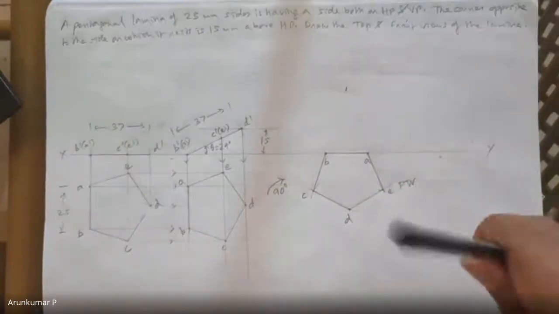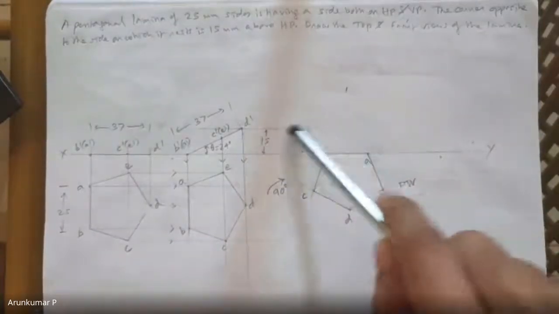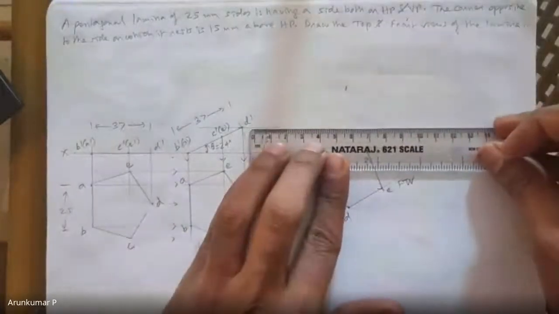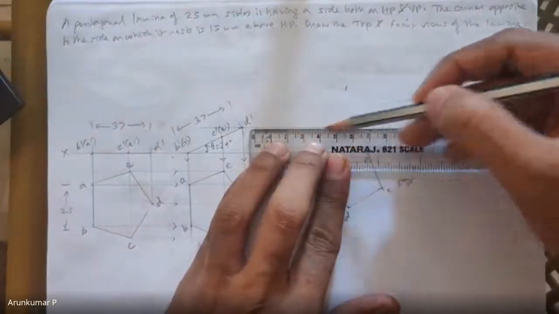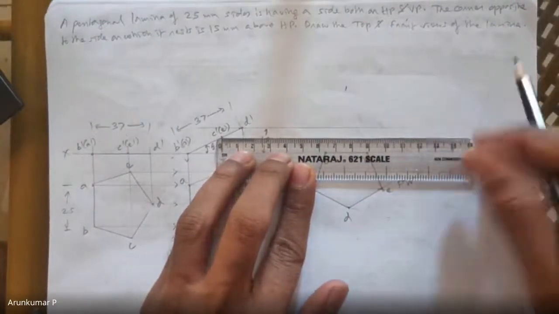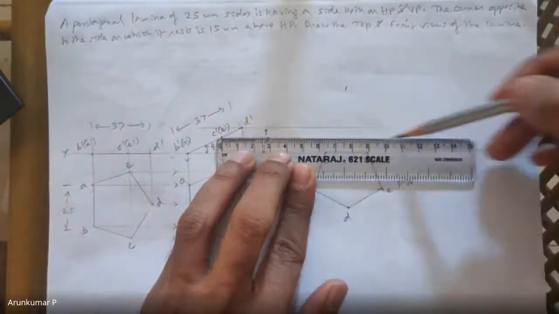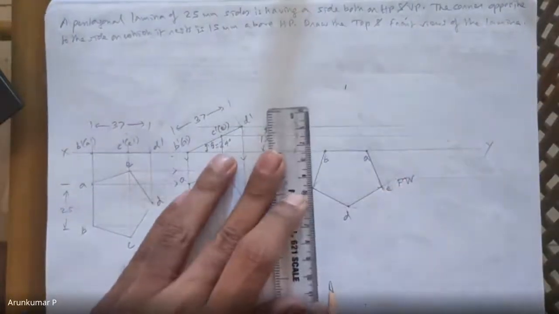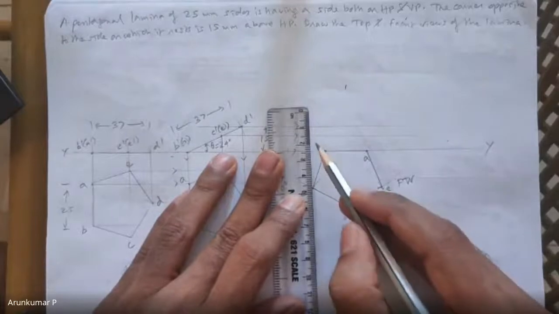Now you project. So three horizontal projectors, five vertical projectors. They will intersect and give you the final front view. This is a regular procedure. Nothing new in this. You'll get it easily. So three horizontal and five vertical.